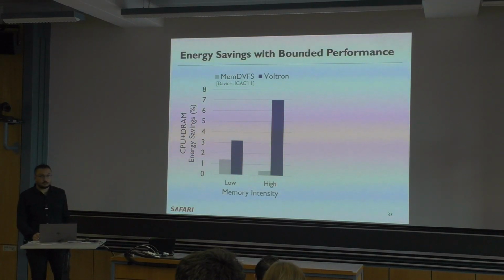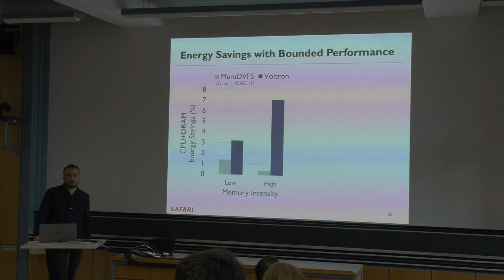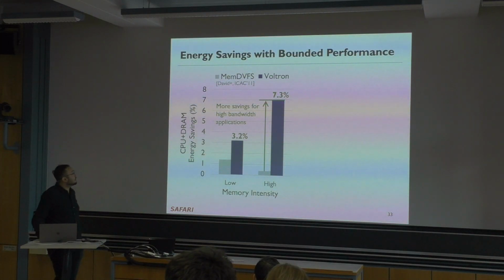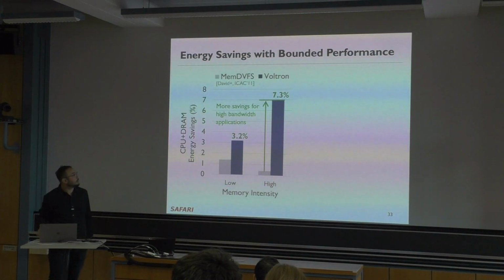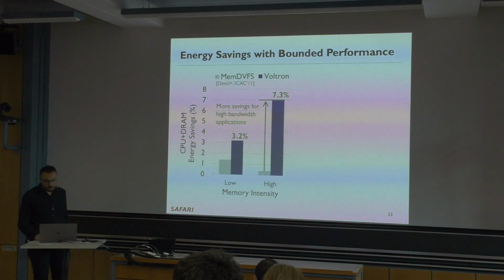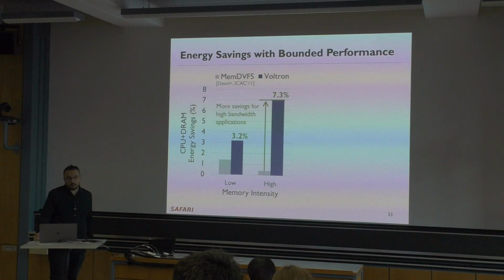On the x-axis we give some average values for all these applications, and we cluster them as low memory intensive and high memory intensive. For the low memory intensity, you can see a 3.2% improvement, and for the high memory intensity, you can see a 7.3% improvement. Obviously, we have higher energy savings with the higher memory intensity workloads.